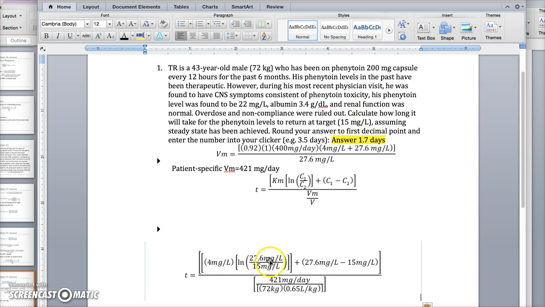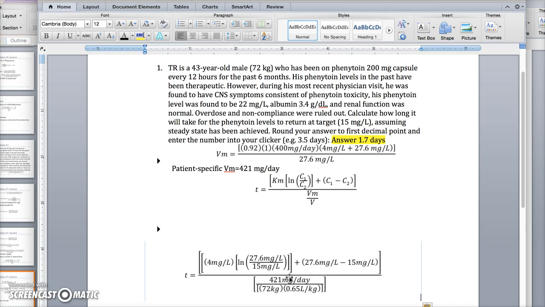After that, you'll be multiplying it by the Km, which is 4, and then you add the difference between the observed concentration and the expected concentration. Then you divide it by whatever you get from the denominator, which is right here. So the answer is 1.7.